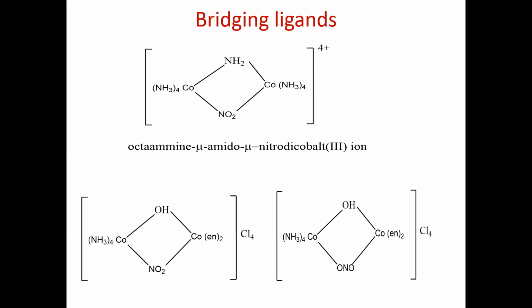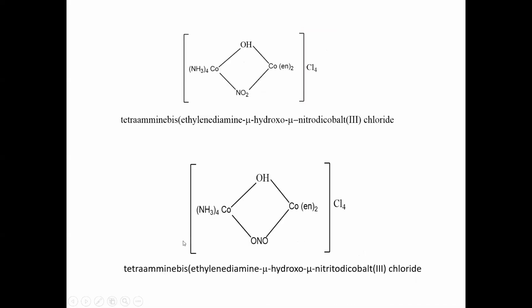Octaamine is one word. You only have a space before the anion. So for this one, you have a space before the chloride. I guess what she's asking is, in naming that polydentate ligand, is there going to be a mu like that as a bridging ligand?